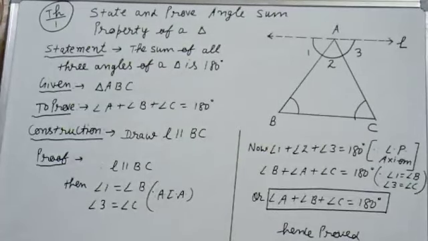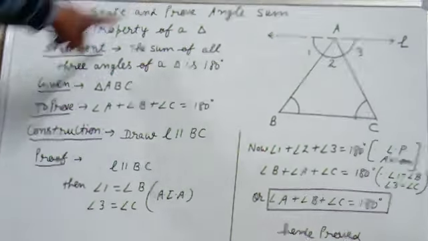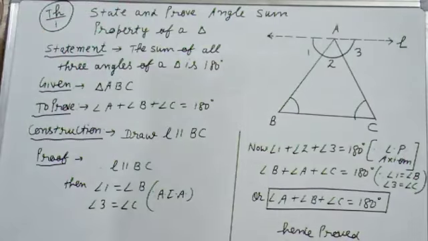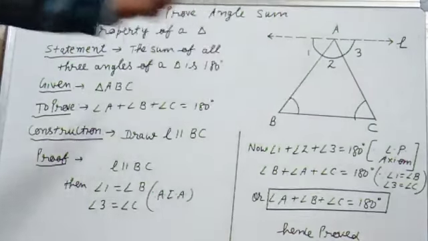Generally for a theorem we are having four steps: first given, second to prove, third construction, and fourth proof. If 'state and prove' is written, then the first step is the statement. If this statement is already given in the question paper, then the first step is given. So what is given? Triangle ABC. That is all that is given to you.